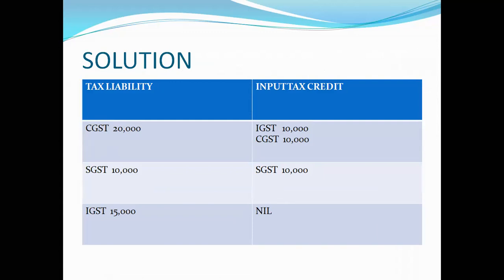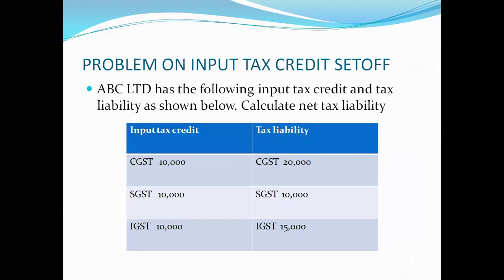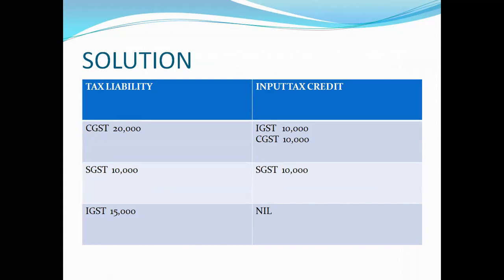Okay. What is the IGST value here? The IGST total value is tax liability 15,000. You have paid 20,000. For payment of CGST you can use the amount of IGST and CGST.